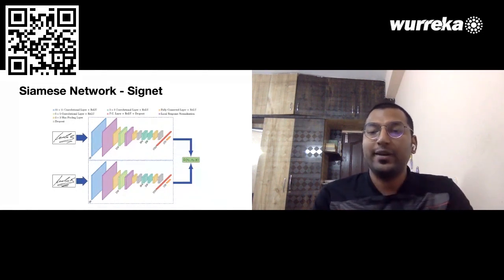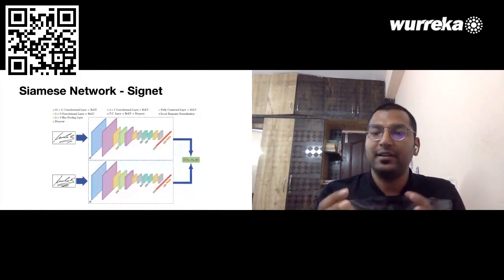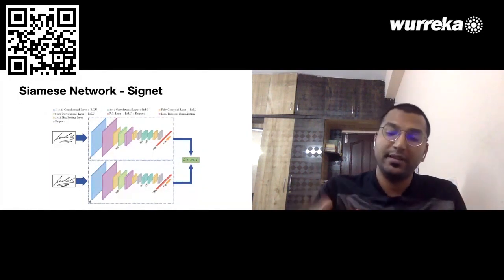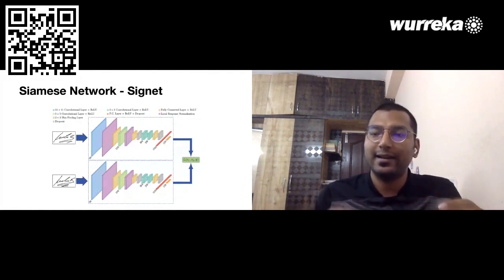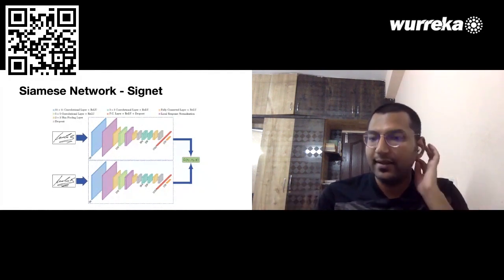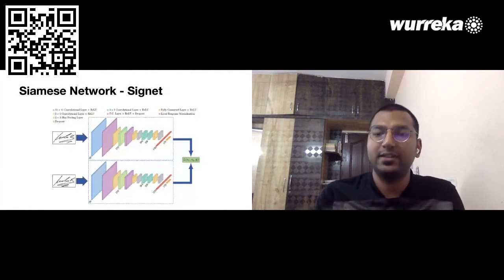What we can do is have different rotations of the input pair itself while doing the prediction, and then take an average of the scores that we get, to reduce any noise that can arise due to alignment.